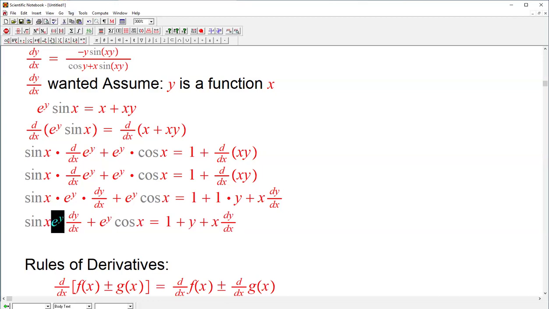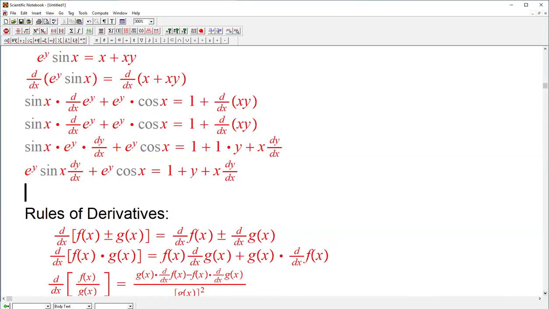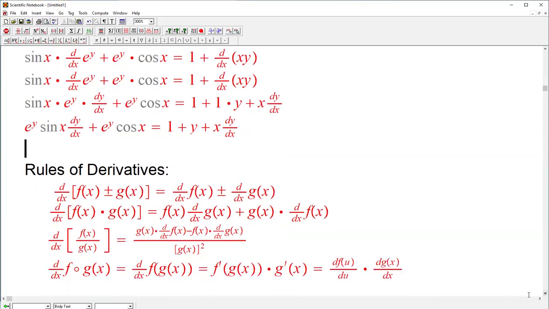So I'm going to bring this e to the power y to the front of it. And this is clearer. These are the little details I wish you guys to know. You don't want to have too many dots. You don't want to have too many parentheses, but you want to have just enough.